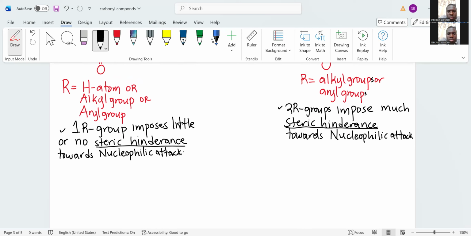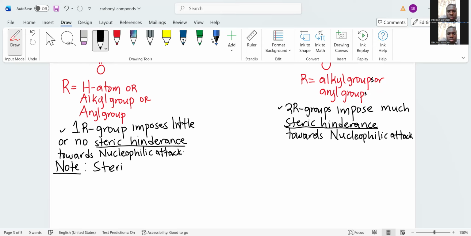Maybe I start with the steric hindrance. This is a note. However, this information was covered in introduction to organic chemistry. So I want to define steric hindrance.